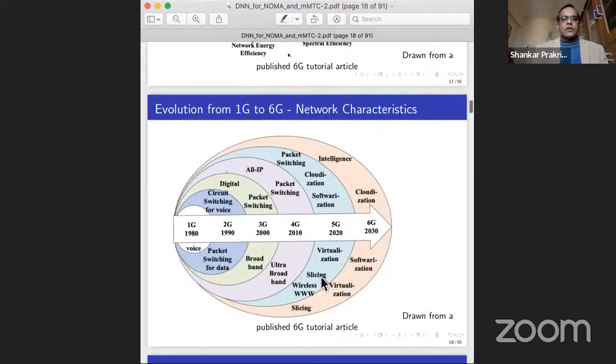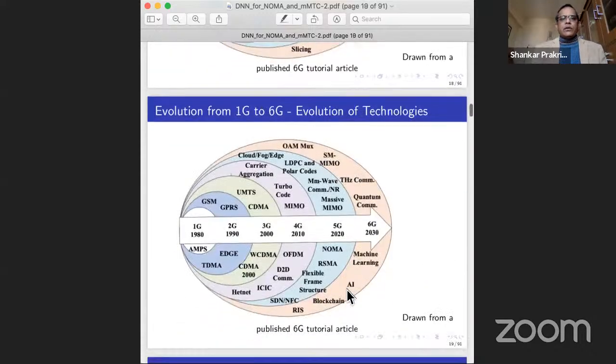And of course, there are also network characteristics. The nature of the network traffic has changed from purely voice to packet switching, circuit switching, and so on. I think these are all of us are broadly familiar. But in 6G, machine learning intelligence is going to play a very important role. Softwareization, virtualization is going to play a very, very important role.